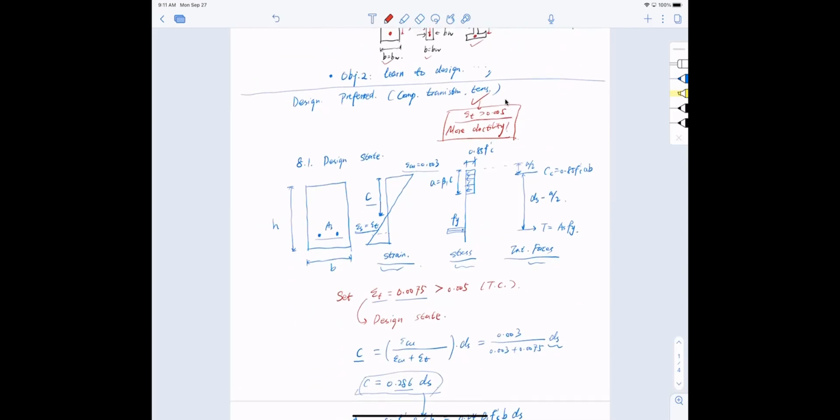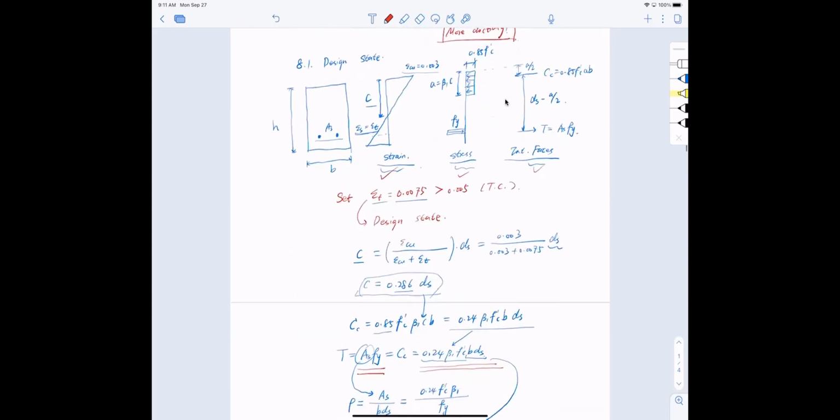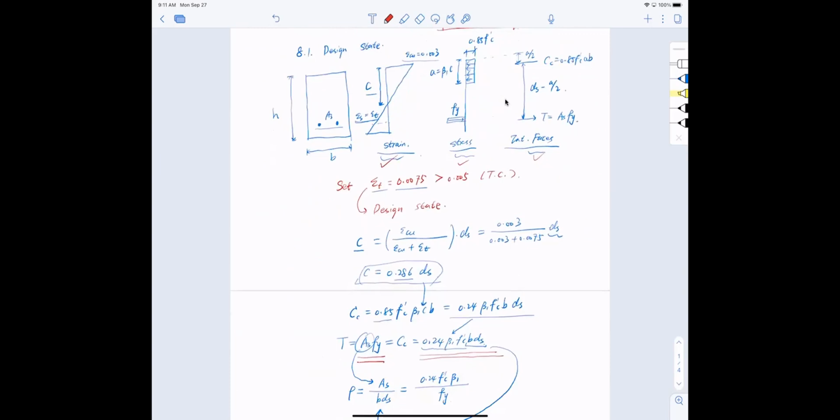With that, we bring in the strain diagram, stress diagram, and internal forces for a typical singly reinforced section. And again, this is very important, you may see this in the first exam: setting the design state. I cannot emphasize this enough. Design state means the state of strain in the bars we want to achieve for design.